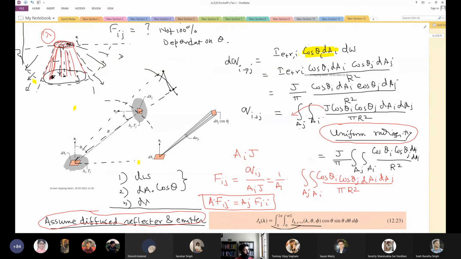Any other relation you can think of? Tell me any other relation we can write for Fij. No, sir. What should I write here? So suppose this is surface 1, a rectangle, and there are certain other surfaces forming an enclosure.